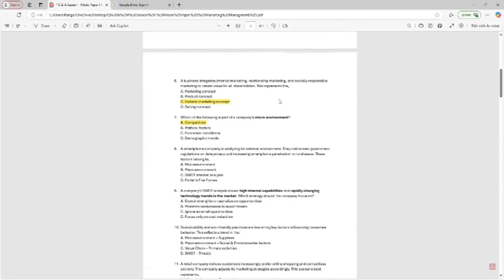A smartphone company is analyzing its external environment. They notice new government regulations on data privacy and increasing smartphone penetration in rural areas. These factors belong to... the question is a little bit long.